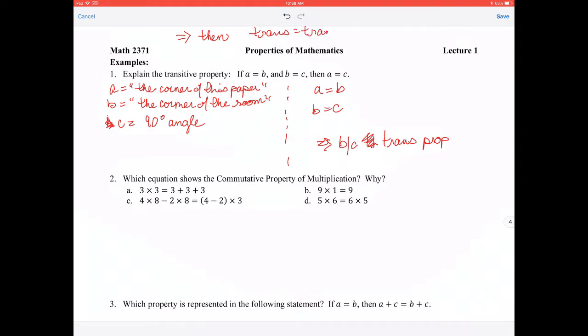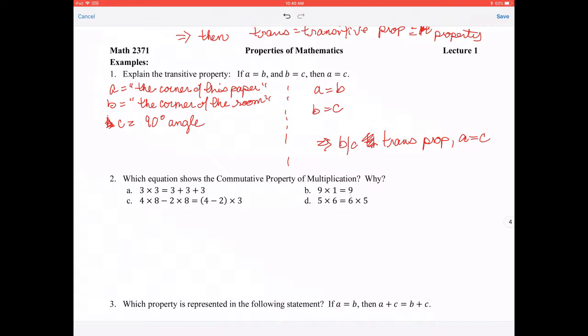So this is the transitive property. We know that A equals C. That's how the transitive property works.